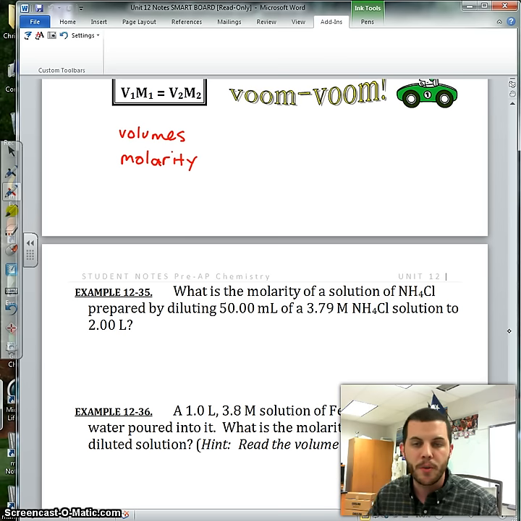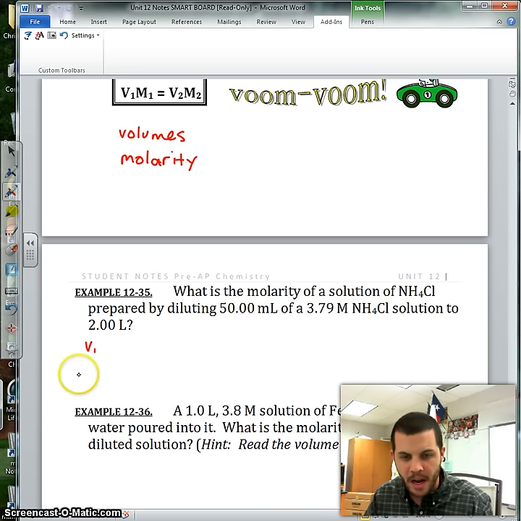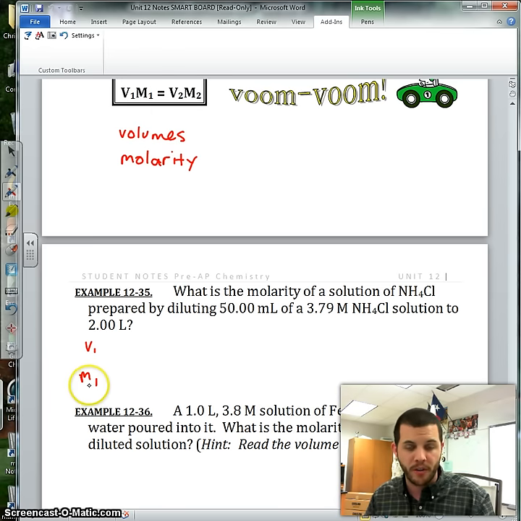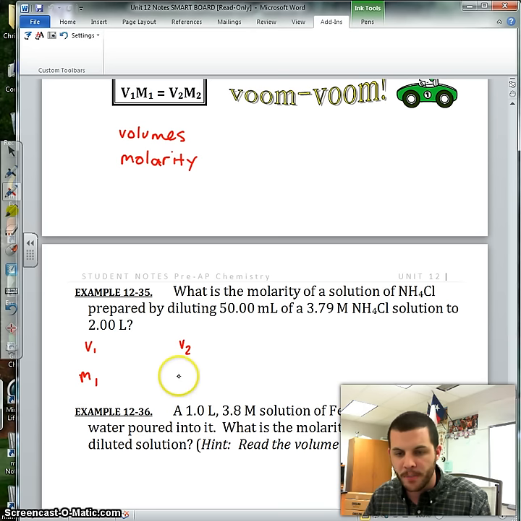solution to 2.00 liters? Well, we know we need to have a V1 and an M1, an original volume and molarity. We also need a final volume and a final molarity. So let's see if we can find those items in the problem.